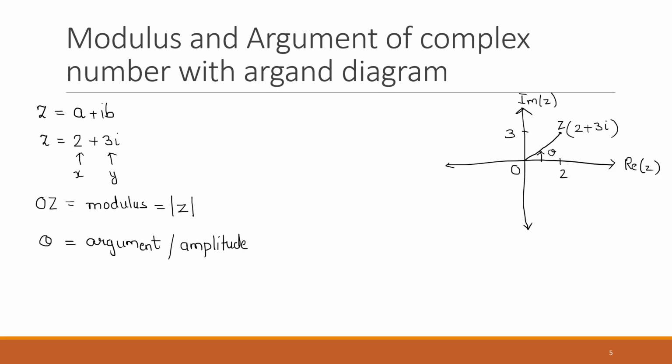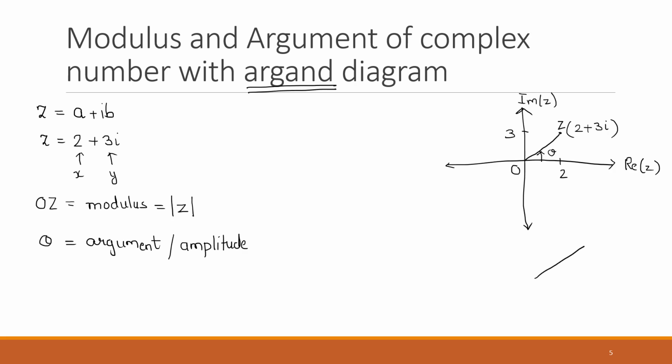And the representation of a complex number on this plane is called the Argand diagram. If we locate the coordinates, join with the origin and show theta and modulus z, it is called the Argand diagram. So let us understand how to find the modulus.